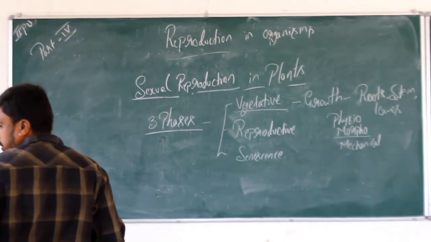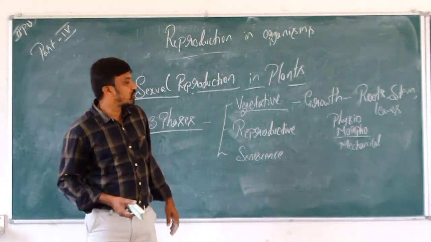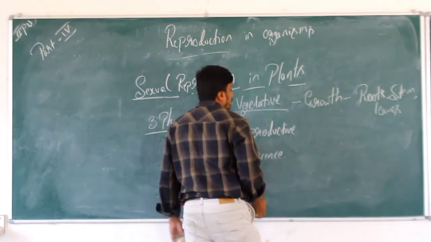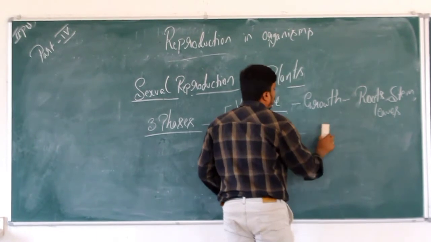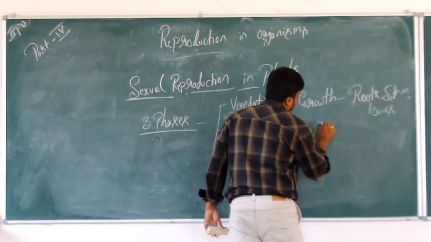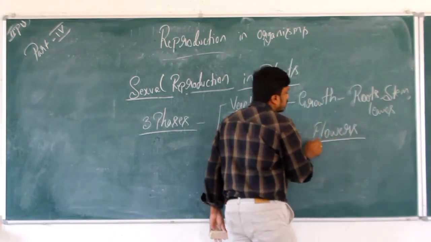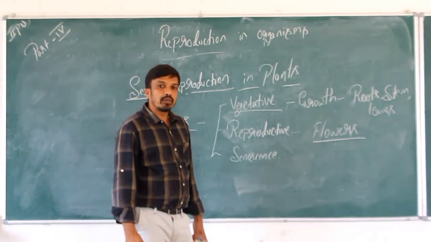So the reproductive phase, it is a phase where the branches are modified into flowers. These flowers are the reproductive parts of the plants.